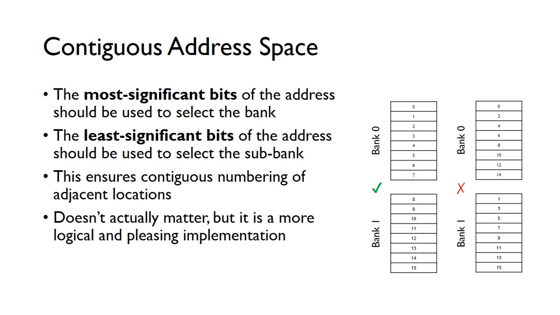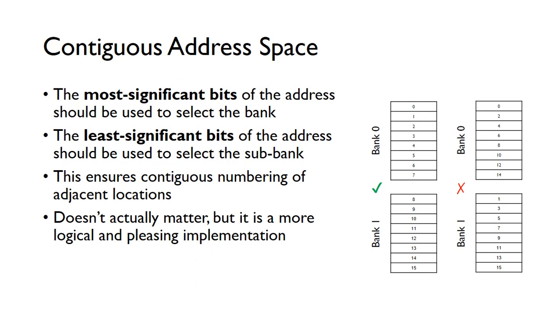When you're using the address to select which bank and sub bank to write to, you want to be very careful you get it correct, so you end up with a contiguous address space. You should use the most significant bits of the address to select the bank, and then the least significant bits of the address to select the sub bank.